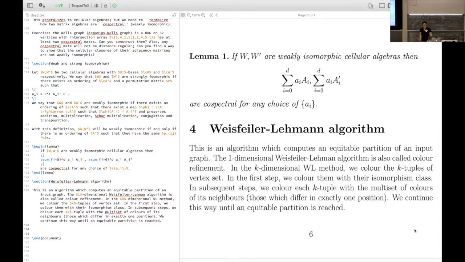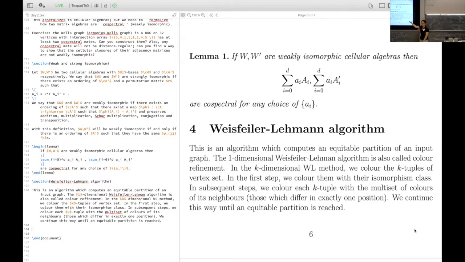But what will happen next is we'll discuss this Weisfeiler-Lehmann algorithm. In the original paper, they did also associate it with some matrix algebra. So for the k-dimensional thing, there will be some k-dimensional cellular algebra, or rather k-dimensional extension of the original cellular algebra of the adjacency matrix, such that if the k-dimensional extensions are weakly isomorphic as cellular algebras, then the Weisfeiler-Lehmann algorithm of the k dimension will not distinguish those two graphs.